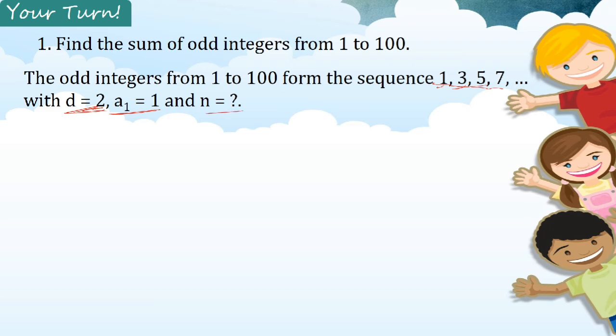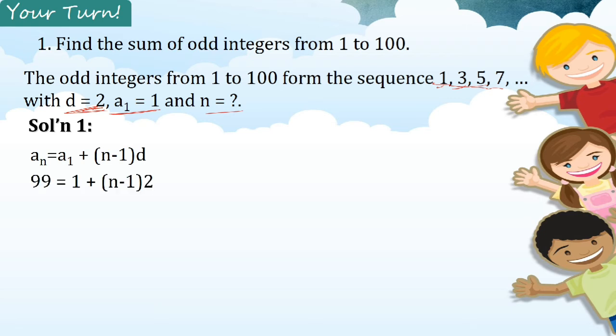But in case na hindi natin alam yung value ng n, yung gagawin natin is, we have to solve for the value of n first, and that's by using the formula of an arithmetic sequence. So that's a sub n equals a sub 1 plus n minus 1 times d. This is for the value of n.